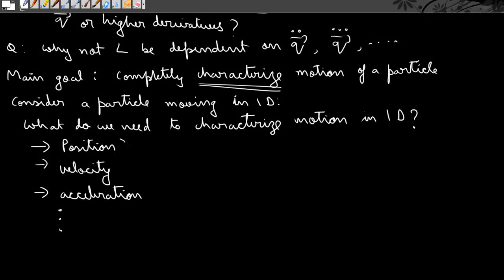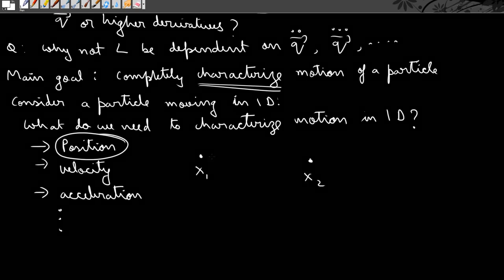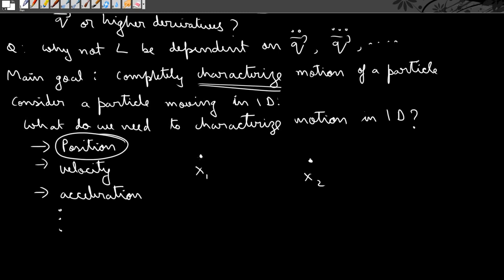First, let us consider the position of a particle in 1D. Let us say that it initially was at position x1 and finally goes from position x1 to x2. Since we are only going to talk about one dimension, this is going to be our one-dimensional position axis.